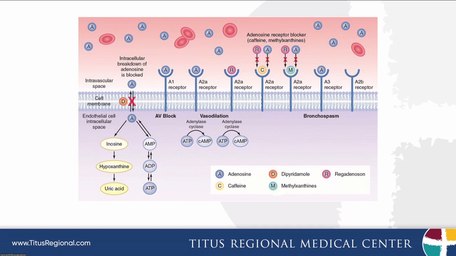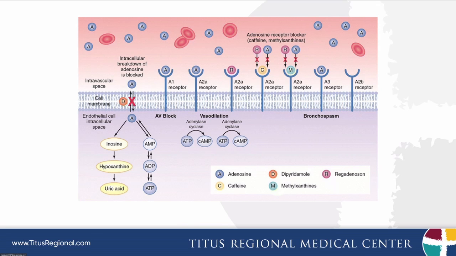Now, you can also see that adenosine and these similar analogs will also bind to other receptors, some of which can cause bronchoconstriction. And so sometimes in COPD patients, this can be a problem. It's not as much of a problem with Lexiscan as it is with adenosine, and that's one reason why we prefer to use Lexiscan, because it doesn't bind to those receptors as well.